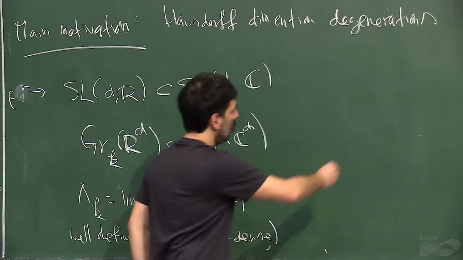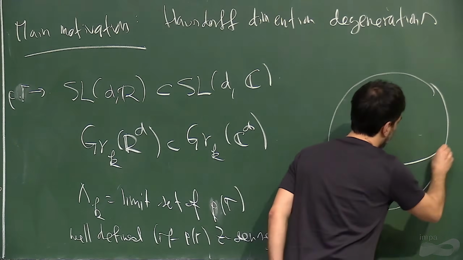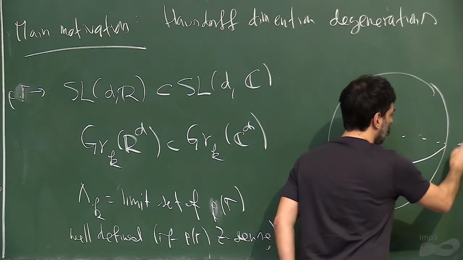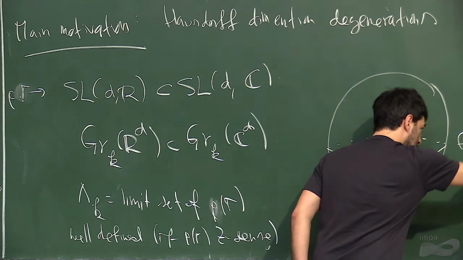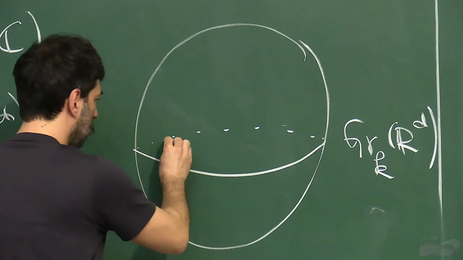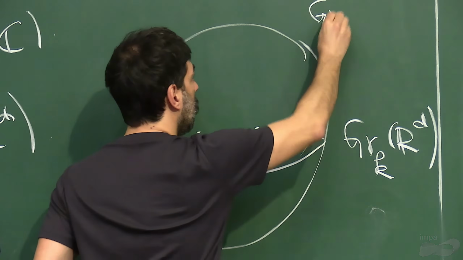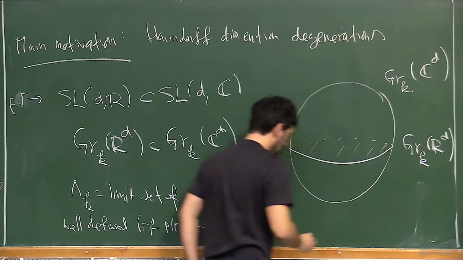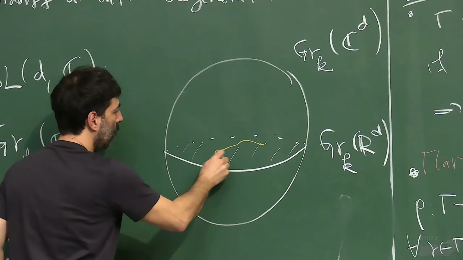And so what is the picture that I want to have in mind? So here I have my real Grassmannian. And so this would be this. And here now having the big ball would be the complex. And here I have my limit set. I don't know what it is.